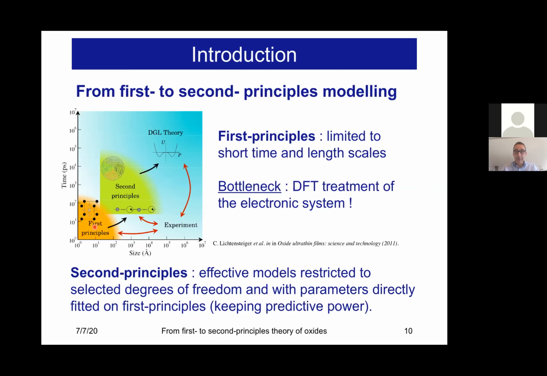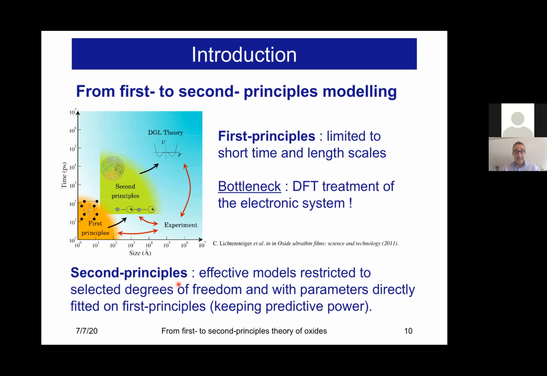In principle, we could address phase transition directly from density functional theory, and you can do DFT molecular dynamics. It's just the fact that the computation are so heavy that in practice, you are restricted to too small system and time scale, and you cannot really model this phase transition in an efficient way.